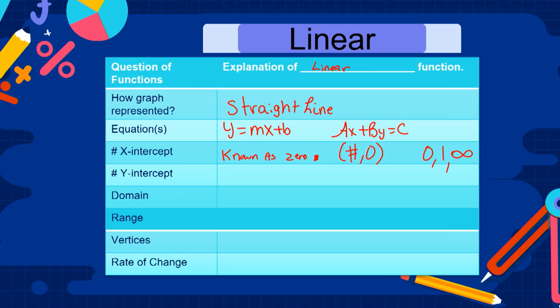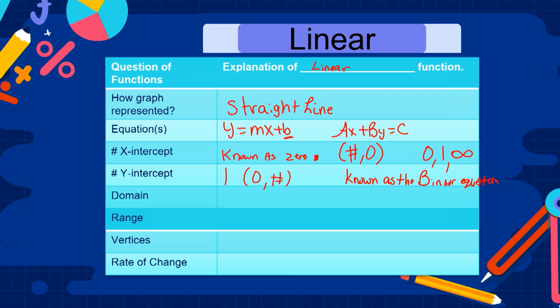So now we're looking at the y-intercept. This is also going to have just one, and it's going to have a zero and a number. When we have our y-intercept, it's known as the b in our equation, and we saw it up here. That's our y-intercept. Now, what about our domain?